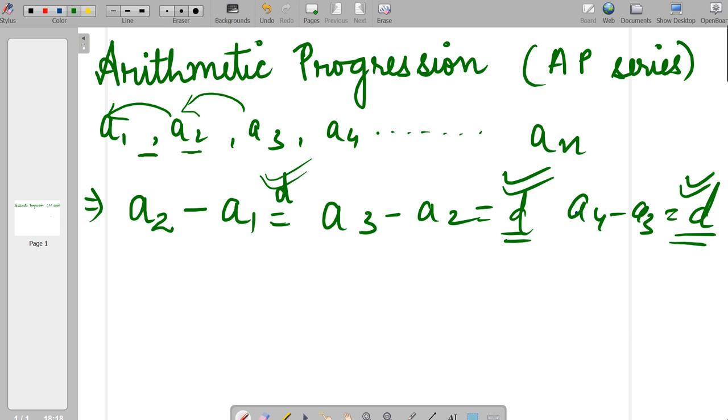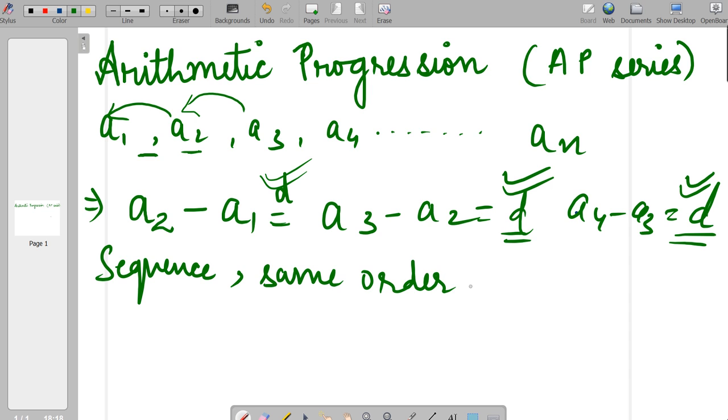So the thing you have to check is the sequence of numbers, whether you have a uniformity in the difference obtained.